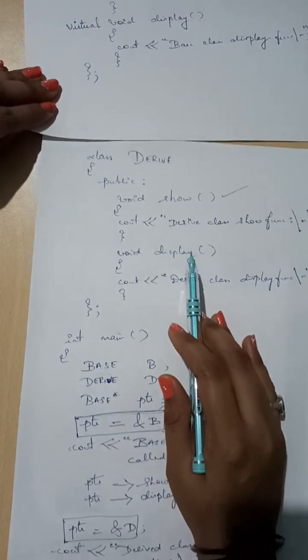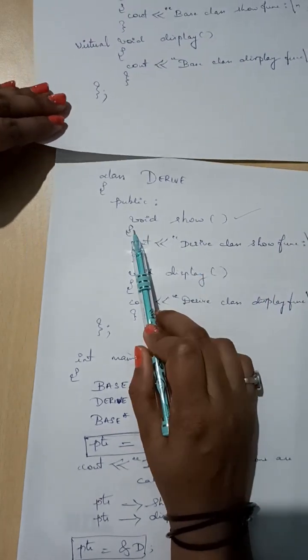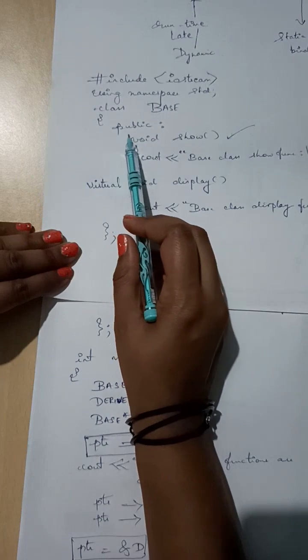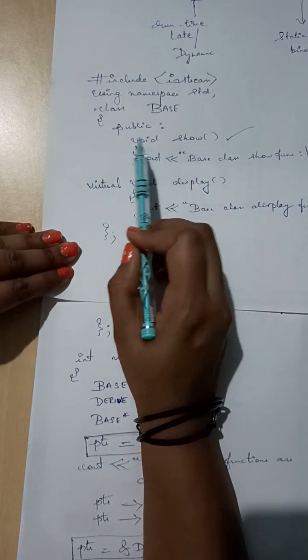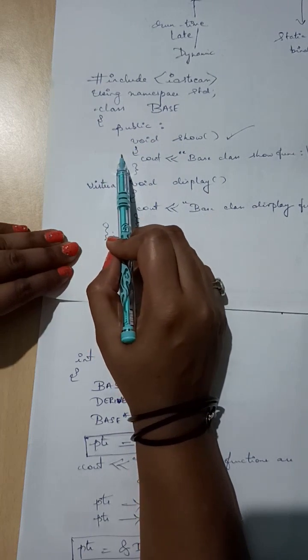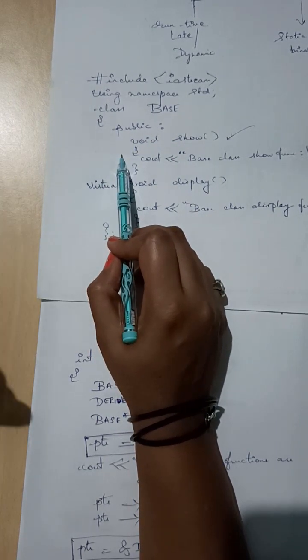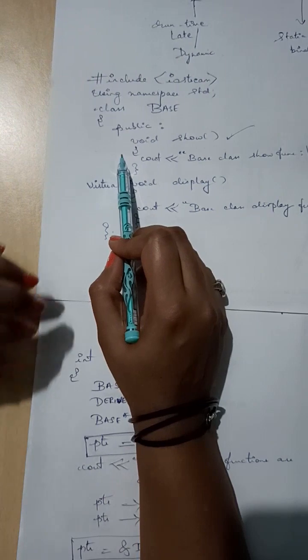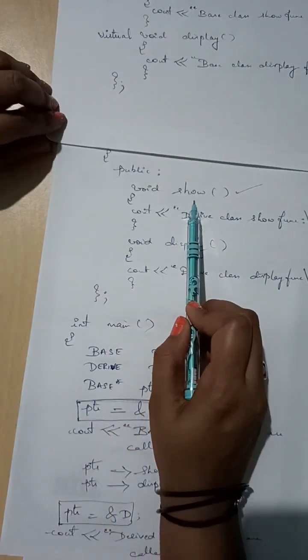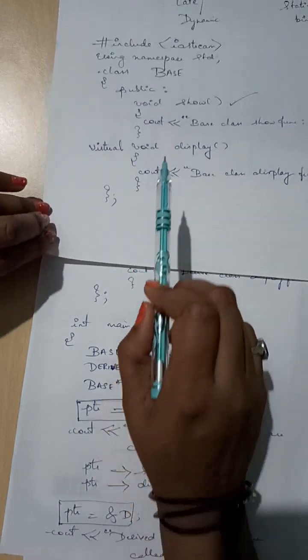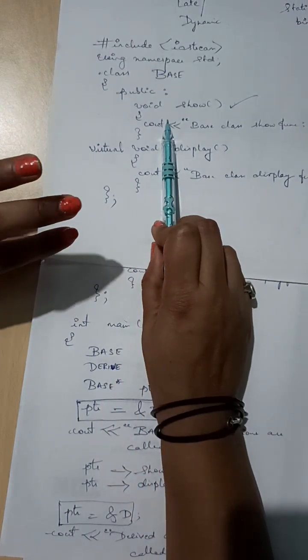And you can notice here I am not using the keyword virtual for the show member function. So when the keyword virtual is not used, what happens? The derived class member function, though it is redefined, fails to override the base class member function.